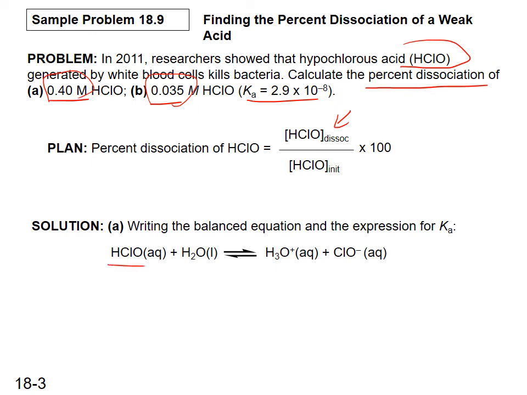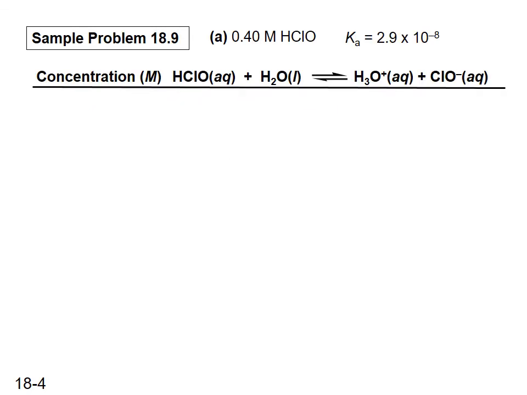So hypochlorous acid with water forms hydronium ion plus hypochlorite. And the K is the product divided by reactant. Here shows the reaction table when the initial concentration is 0.4.